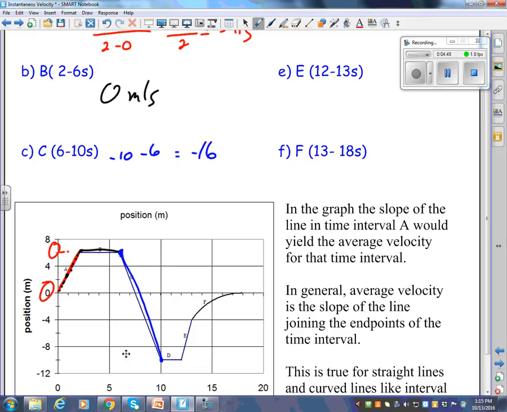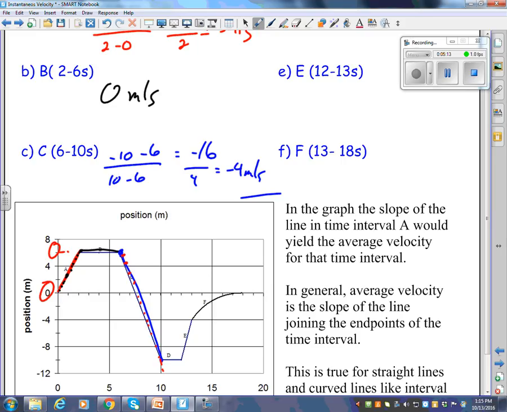And the time is 10 minus 6, which is 4. So my average velocity is minus 4. And what does the minus mean? The minus part? Going to the left, exactly. At a constant rate, minus 4. Every single point on that line, what's the slope at every point?